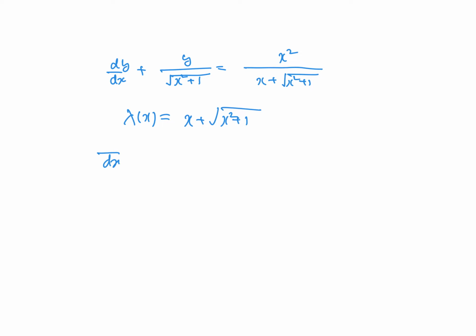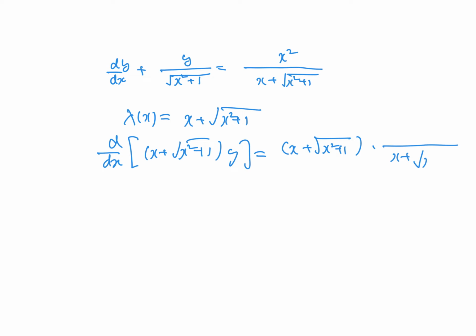So our equation is the following. d/dx of x plus square root x squared plus 1 times y is lambda x, x plus square root x squared plus 1, times x plus square root x squared plus 1 over x squared. So they cancel each other. X squared.